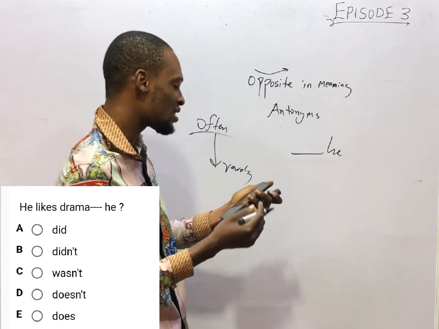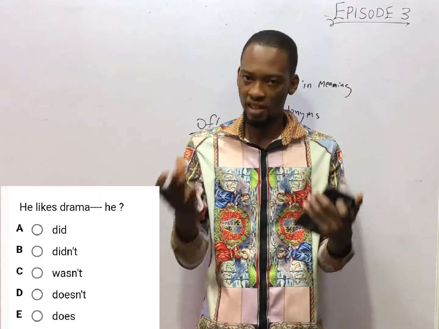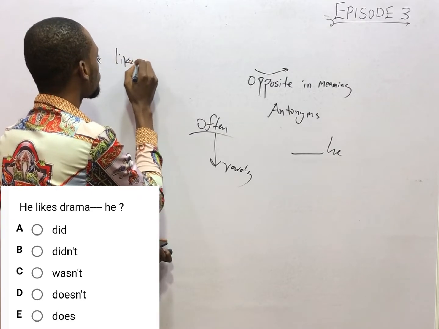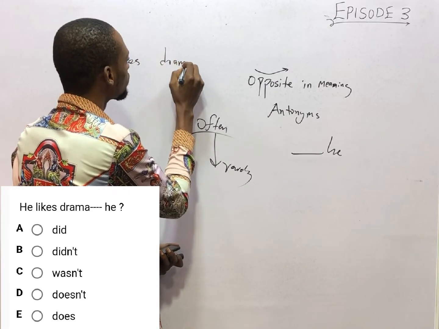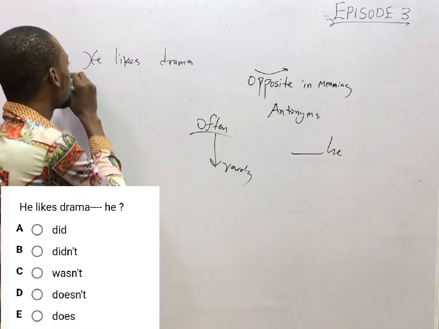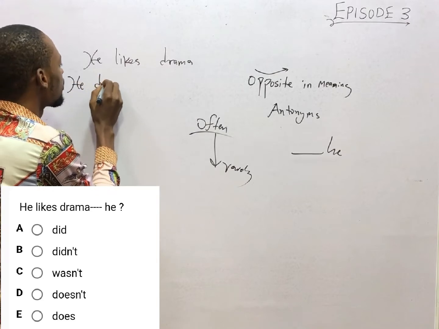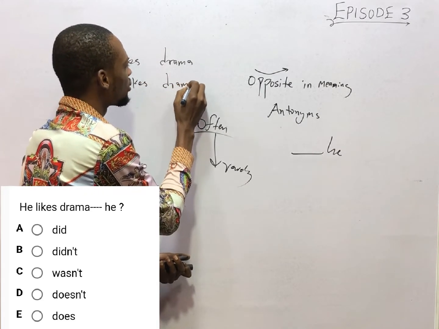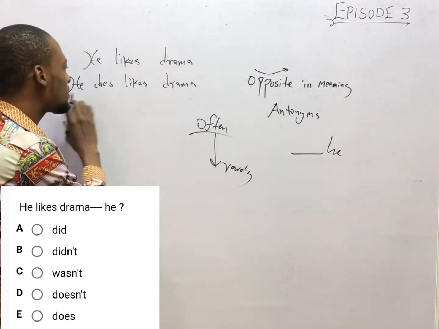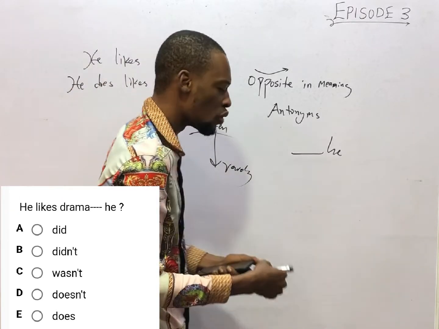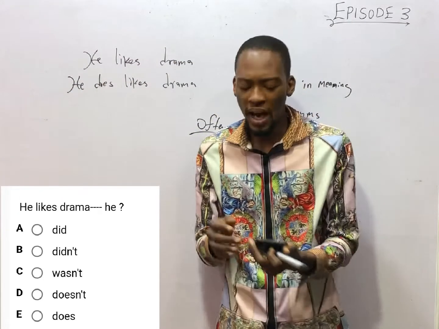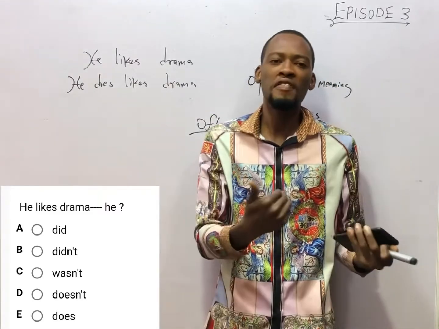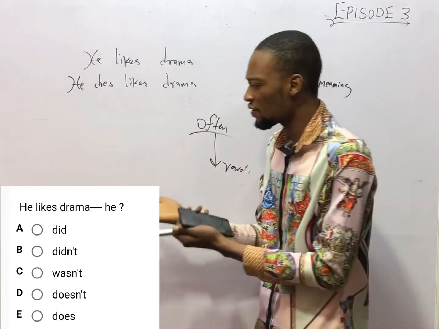He likes drama is the same thing as he does like drama. These statements are the same. So, in question tag, when you have a positive statement, you look for a negative answer. When you have a negative statement, you look for a positive answer.